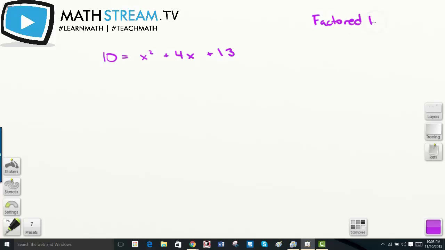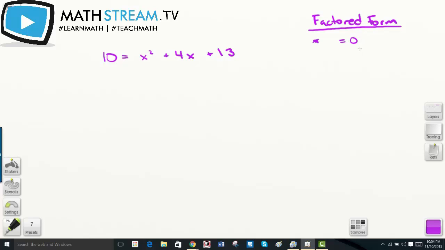The first thing that you need to remember is it's absolutely necessary that the equation equals 0. So for instance, over here, we have this equation equal to 10. Why does it matter that it equals 0?